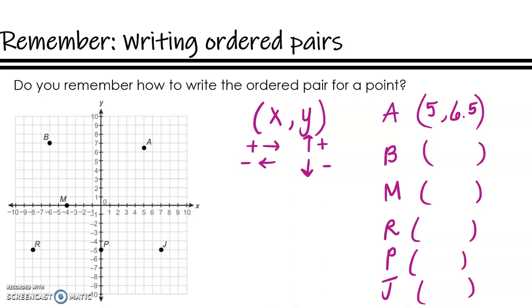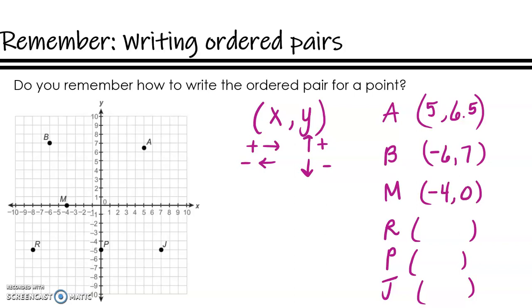B is left 6, up 7. So left is negative, negative 6. Up is positive 7. M is located left 4 and then does not go up or down. Therefore, it is negative 4, 0.